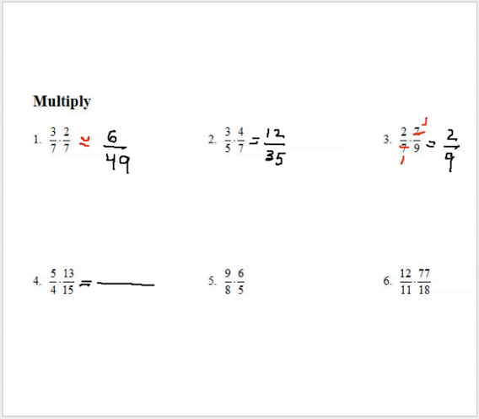If you have 5 and 13 at the top of the fraction, and 4 and 15 at the bottom, you can see that you can reduce this 5. So before you even multiply these, start reducing. Then 3, and as you said it would be 13 over 12.